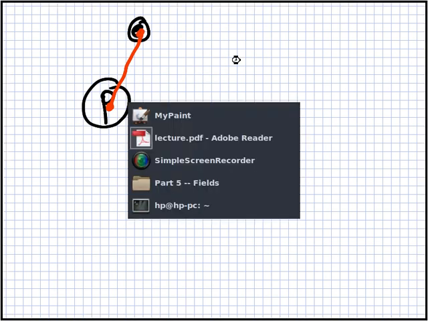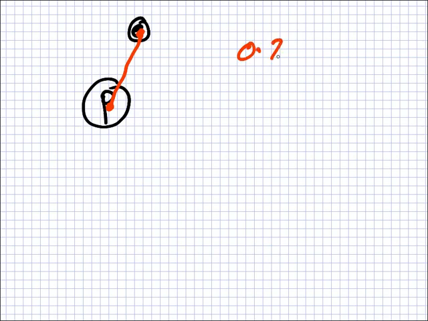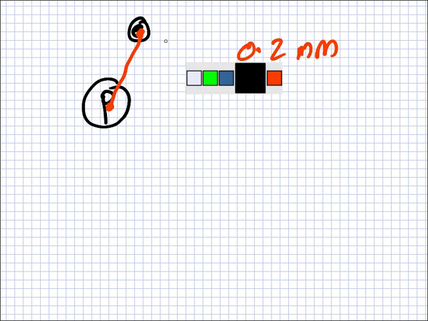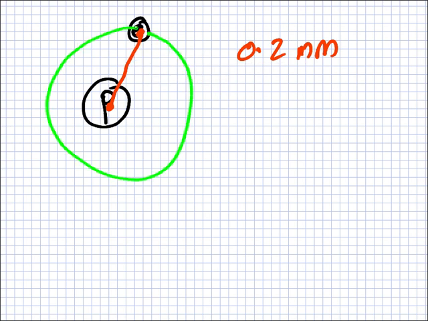More stupid. Right. Proton, electron. This time the distance to the centers is 0.2 nanometers, okay? And this goes around. And my question is, what is T, the time? First, I think.